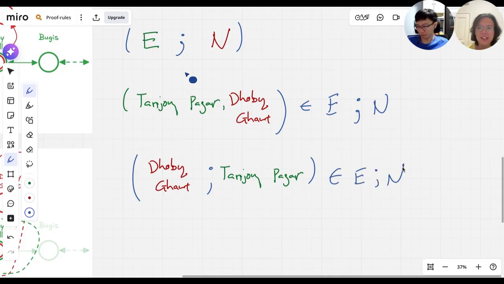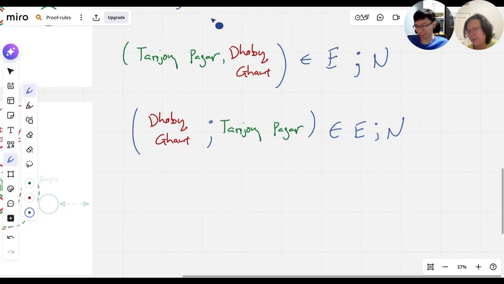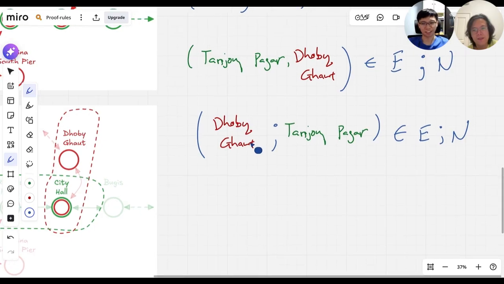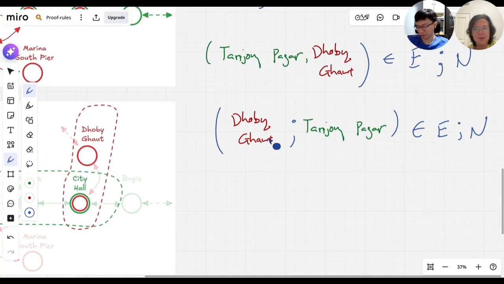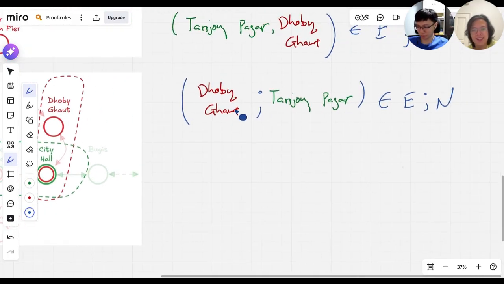Can we do this? Say no, right? Why not? I guess because E compose N, you need to start from the green and then go to red. Exactly. So Dhoby Ghaut is on the red line and Tanjong Pagar is on the green line. So you can't do this basically.